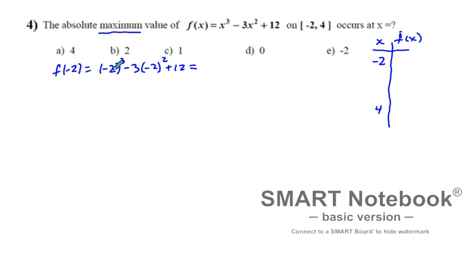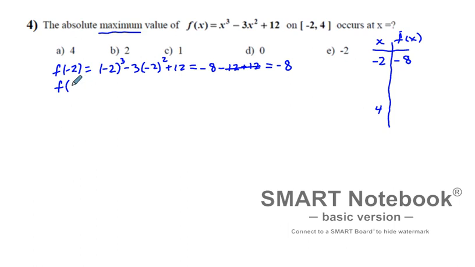Well, negative 2 cubed, that's going to be negative 8. Negative 8 minus 3 times 4, so minus 12, plus 12. So negative 12 plus 12 equals negative 8. So we have that.